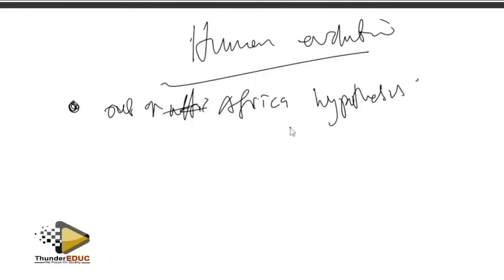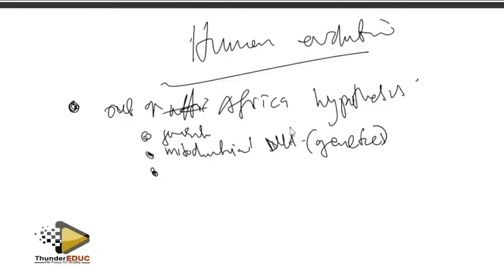That's number 1. Number 2, here you have to tell us the evidences. Evidence of that is fossils. You have to tell us the mitochondrial DNA. Sometimes you call it genetics. Then you have to tell us cultural evidence.